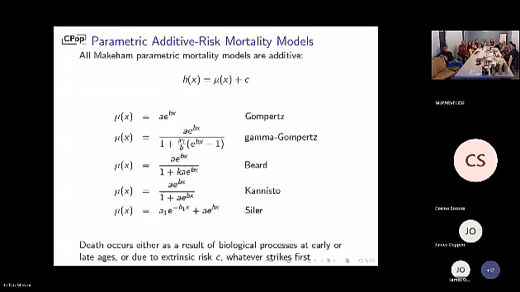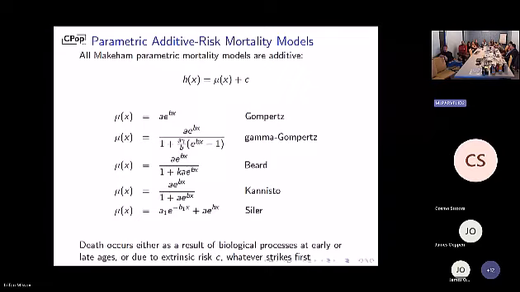So in mortality research, we have a lot of parametric additive risk models, and these are all Makeham parametric models. And what are the Makeham parametric models? We have an age-independent risk C, an exponentially distributed risk.